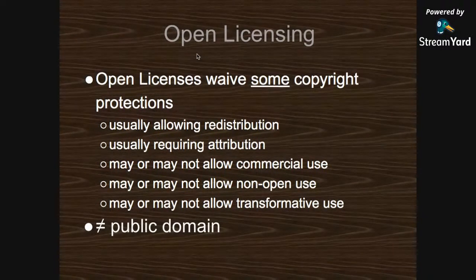Most licenses require you, however, to keep my name on it when you do so. Because it's not giving away my copyright. It's saying, here are some of the things that copyright normally doesn't allow that I, however, do want you to be allowed to do. Some licenses allow commercial use, some allow non-open use, and some allow transformative use. We talked about some of those under the open source licenses.